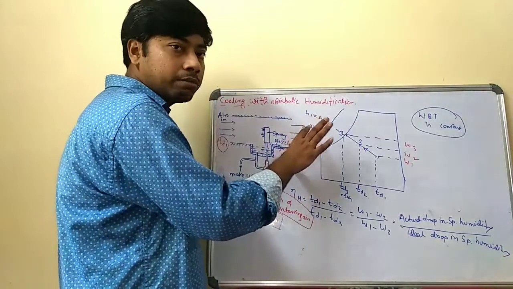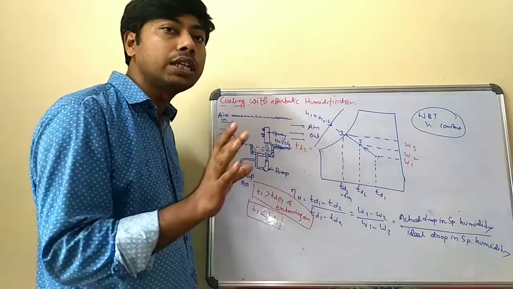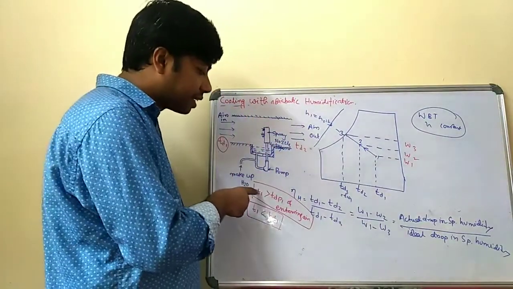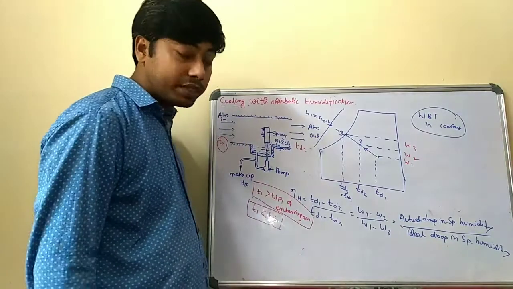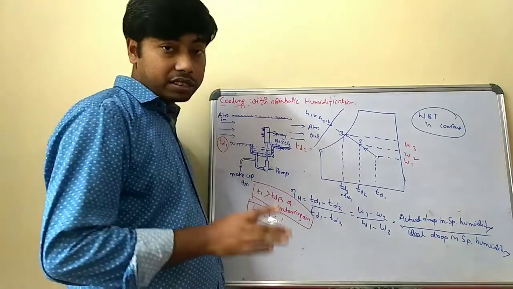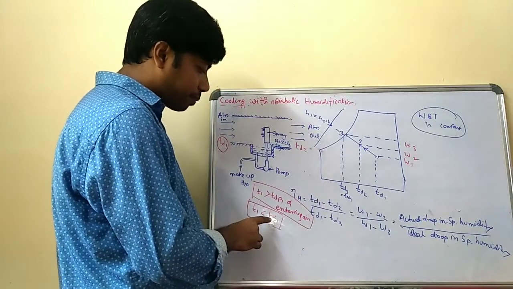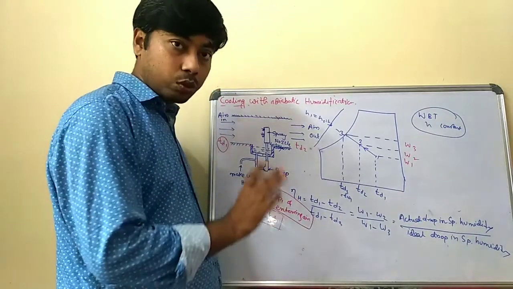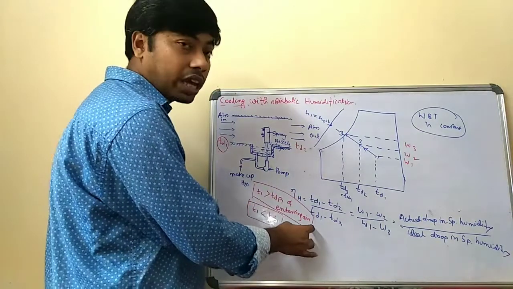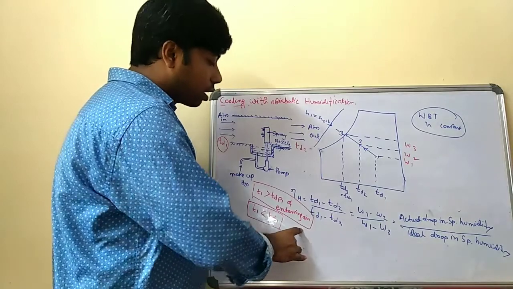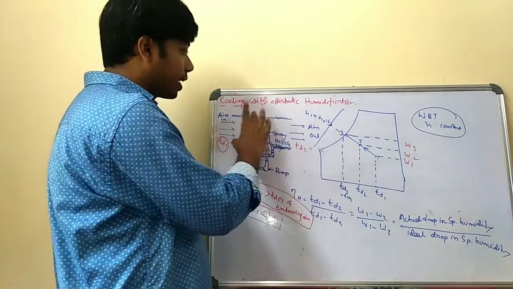First, it should be an insulated chamber so the process is conducted adiabatically. Second, T1 should be greater than TDP1, the dew point temperature, for humidification. And third, T1 should be less than TD1, so that the cooling process takes place.